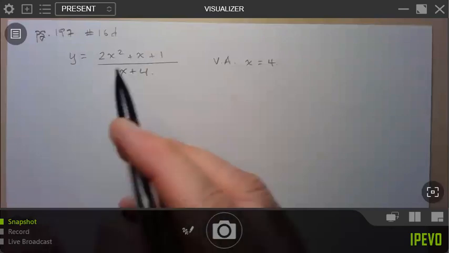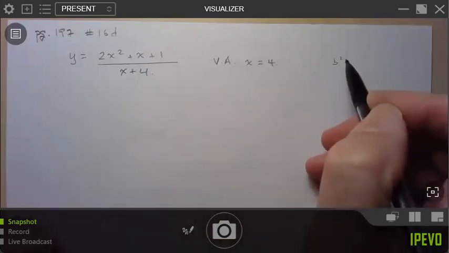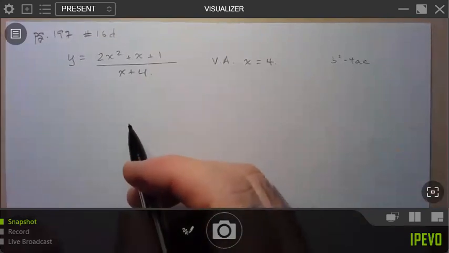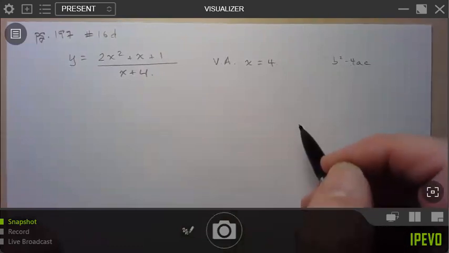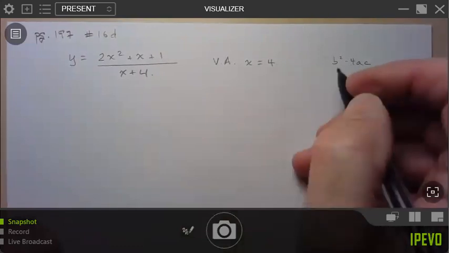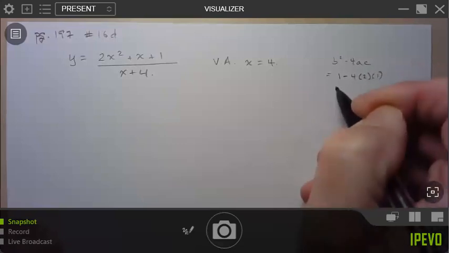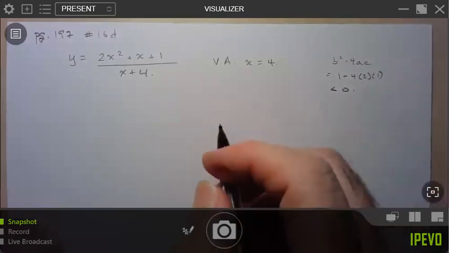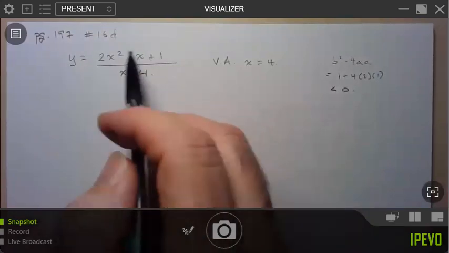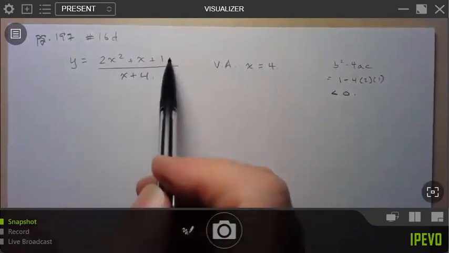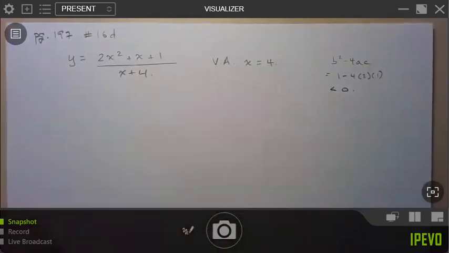And actually what I did in my head is I did good old b squared minus 4ac, which is the inside of the square root of the quadratic formula. 1 minus 4 times 2 times 1 is less than 0, which means, yeah, good old discriminant, this doesn't even have any real roots anyways, okay?